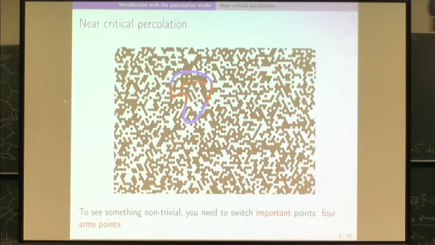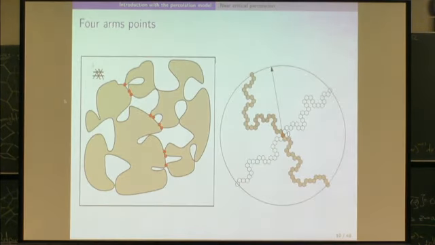So if you look at a quad like this, and you wonder if it's crossed from left to right, then in fact, to change the state of this quad, you need to switch an important point, some special point in the lattice. Those points are called the pivotal points, and they correspond to, in fact, 4 arm points. So what are 4 arm points?